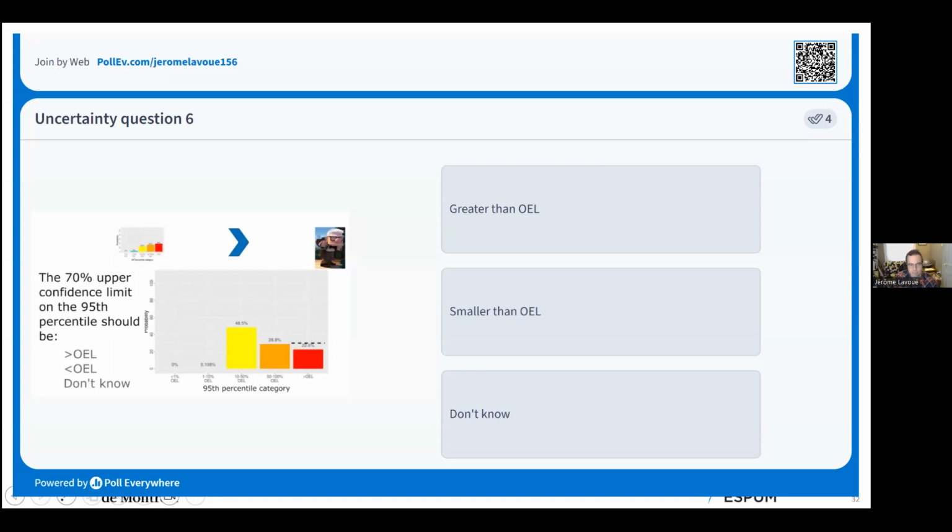So it's switching from the BDA graph approach to the traditional interpretation. From that graph, what could we say about a 70% upper confidence limit? Leave another minute.